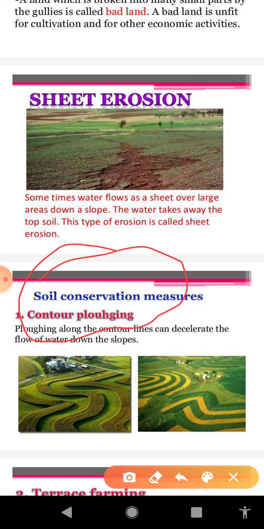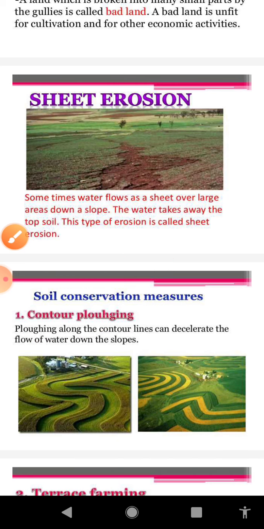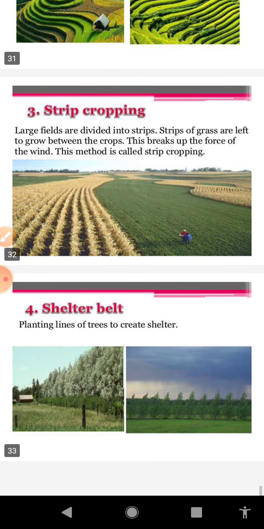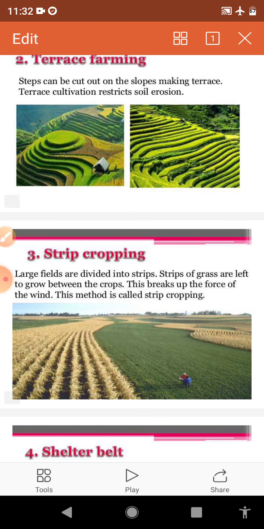And other points you can include here, like contour plowing, terrace farming, strip cropping, shelter belts. So these points can also be included if you are getting the question, what are the steps that can be taken to control soil erosion.